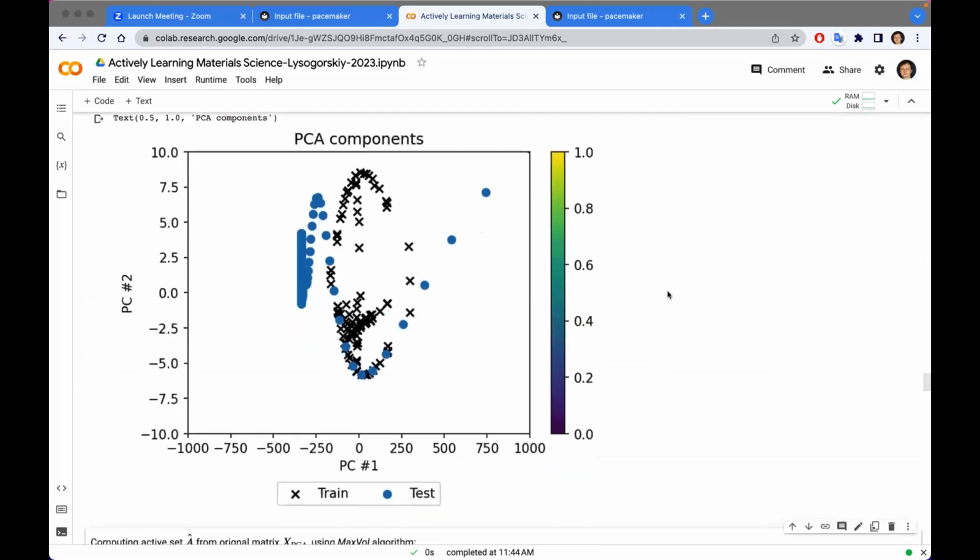And we can do the visualization of that. So here we have PCA component number 1 and number 2. The black crosses are the train configurations. You see they are located around the origin, the 0, 0 point. And our blue points here are our test. You see they form some one-dimensional manifold because it's just a single volume change, the only degree of freedom that we change for the FCC structure.